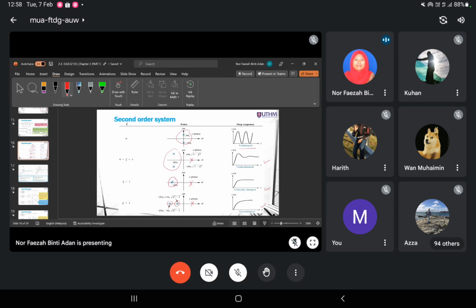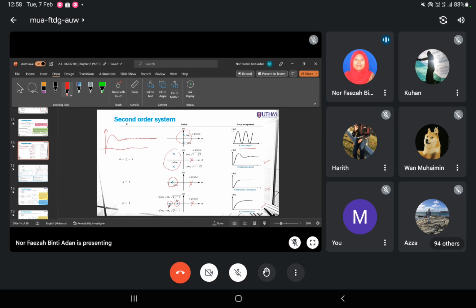Kalau katakanlah dia adalah sistem third order maksudnya dia S kuasa 3, you ada 3 poles, dan untuk any of the system yang stable, you boleh lukis macam ni je lah. Macam ni. Stabil. Okay lah, ada oscillation sikit and stable. Sebab you tak tahu tu nak bagi tahu dia under dam ke, critically dam ke, over dam ke, you tak tahu so you lukis macam tu.